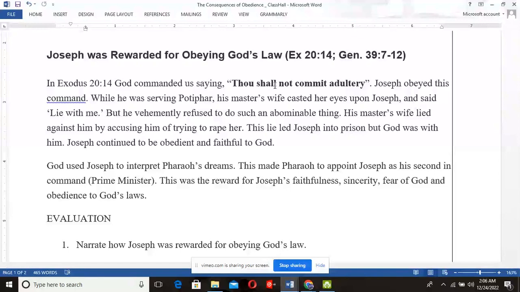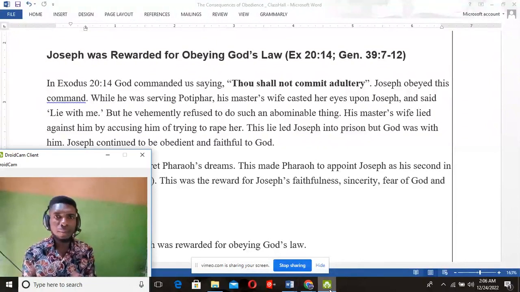That is the commandment. And this lesson is trying to communicate to us that there is a blessing attached to obeying God's command. So when you obey God's command, you should rest assured that there are benefits attached to it.